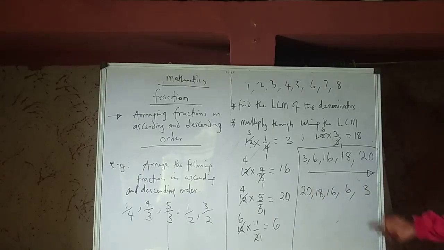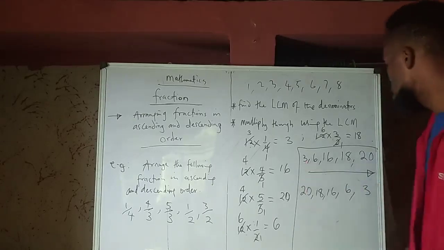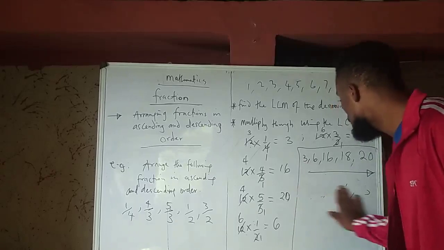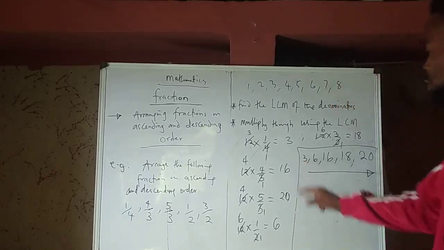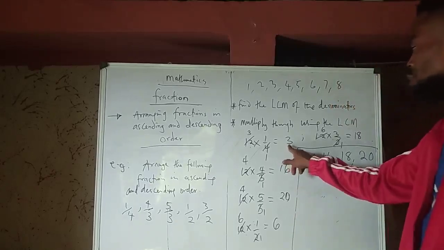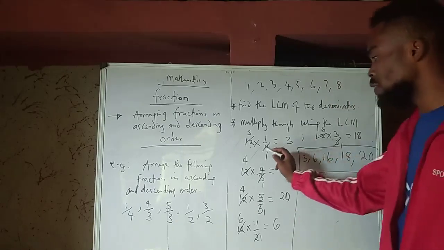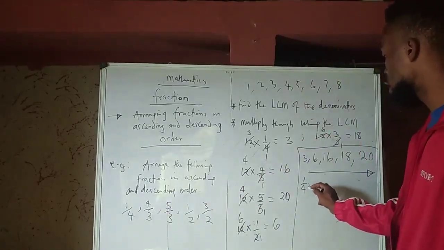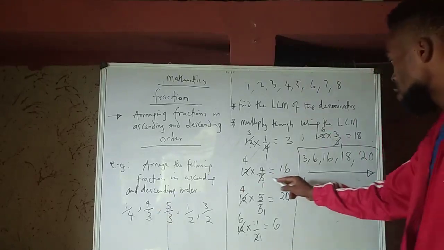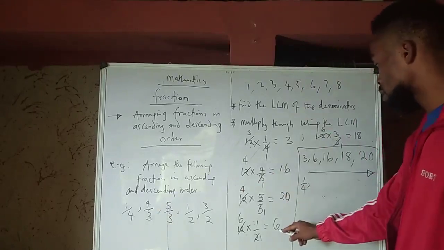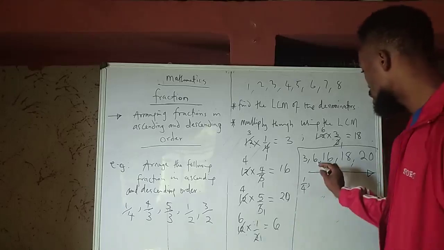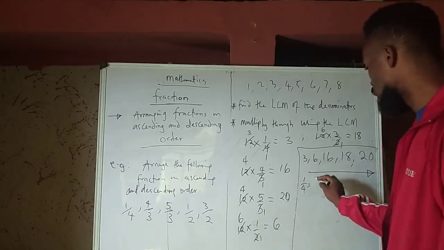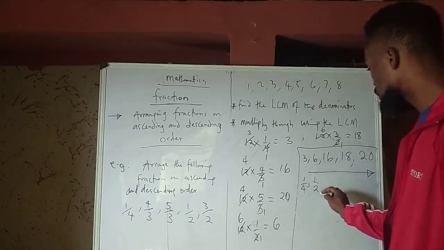Alright, by doing this we now know which fraction is equivalent to 3. The fraction equivalent to 3 is 1 over 4. So that means 1 over 4 is the smallest one. The next one is 6, which is 1 over 2 here.